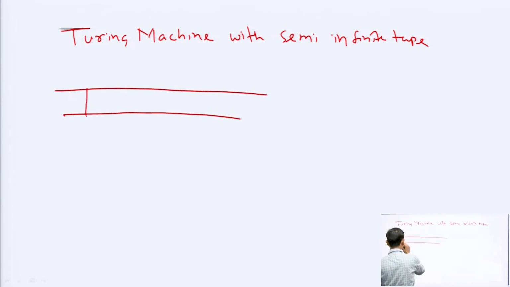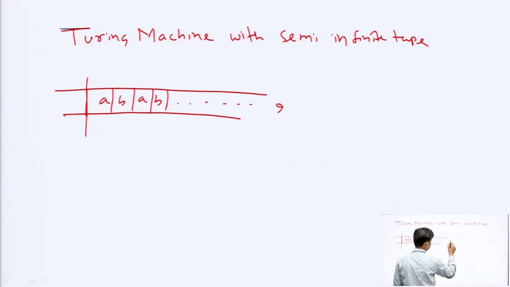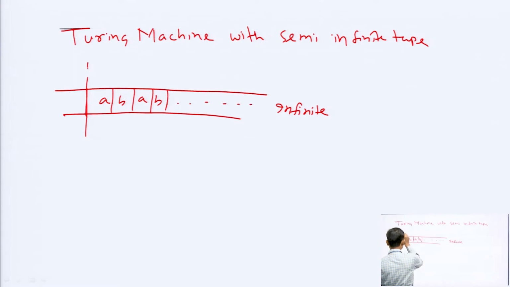So, you have to fix one end. Suppose this is the input, we have to fix it, and this side will be maybe infinite. We could not move in this direction, this is fixed.